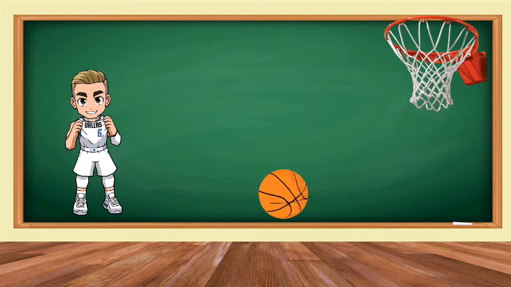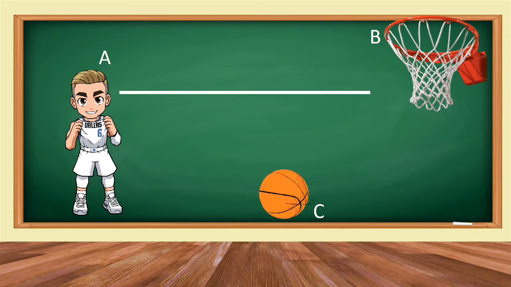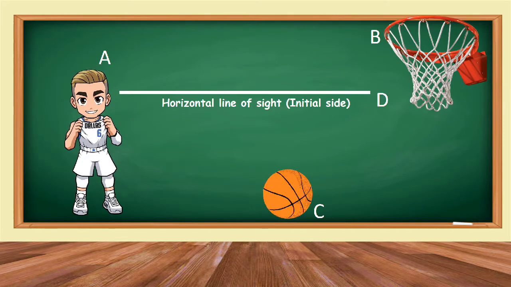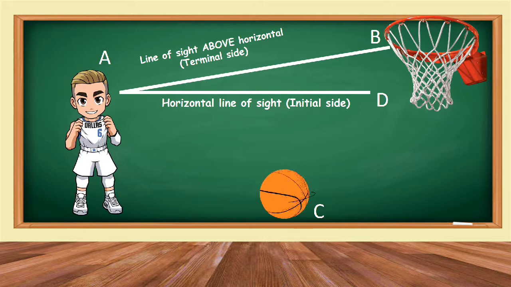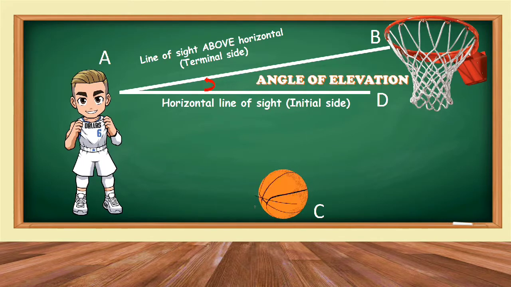Let us represent the eyes of the boy as point A, the ball as point C, and the basketball ring as point B. And we represent the endpoint of the horizontal line of sight as point D. The line from point A towards the basketball ring, which is point B, is the line of sight above horizontal. The angle formed between the two lines, AB and AD, is the angle of elevation.